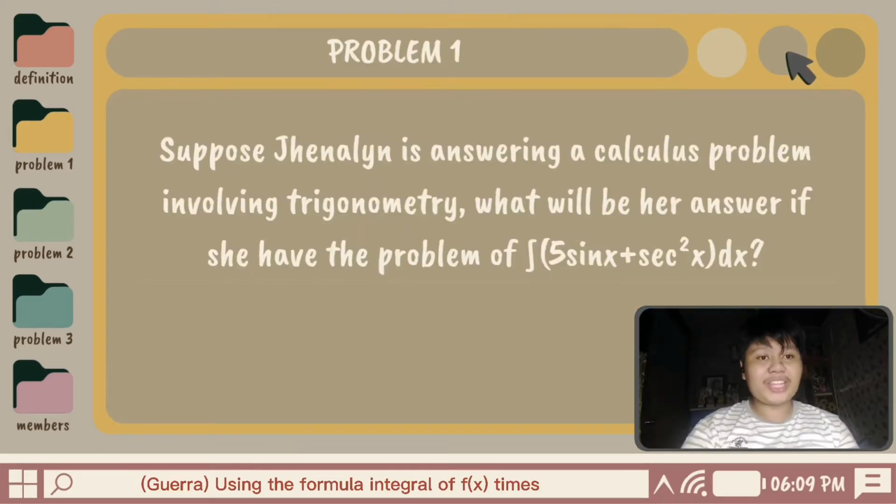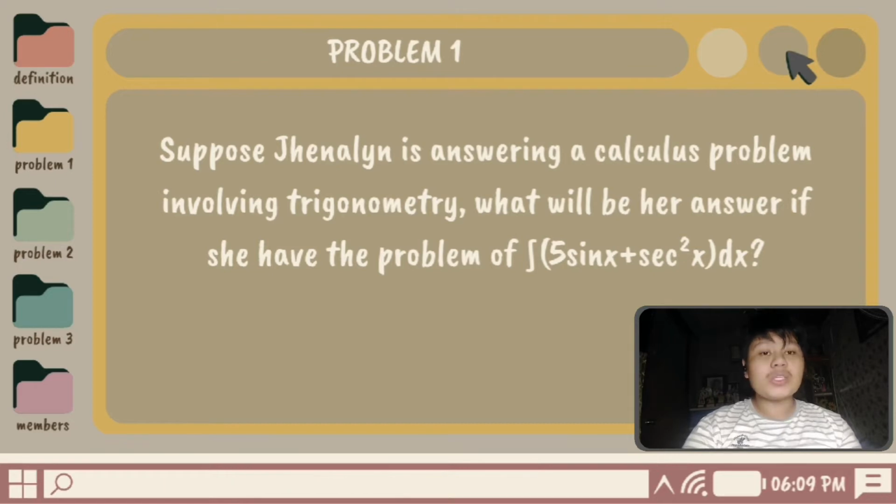Using the formula integral of f of x times dx is equal to F of x plus c, we can have our first real-life problem as this. Suppose Jerilyn is answering a calculus problem involving trigonometry. What will be her answer if she has the problem of integral of 5 sine x plus secant squared x times dx?